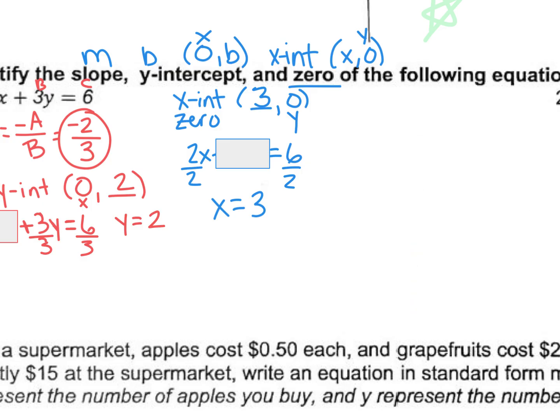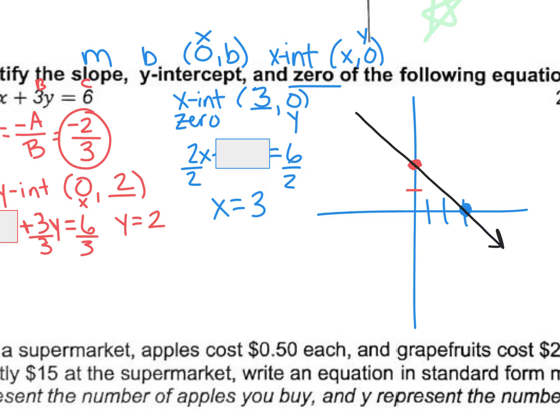And if I draw my line, oh, look at my slope. It's negative. And look, I went down 2 and over 3. Was that my slope? It was. So you can very well draw the picture. We call this the cover-up method, where you cover up the x or you cover up the y to find the value. If you like that method, by all means use it.